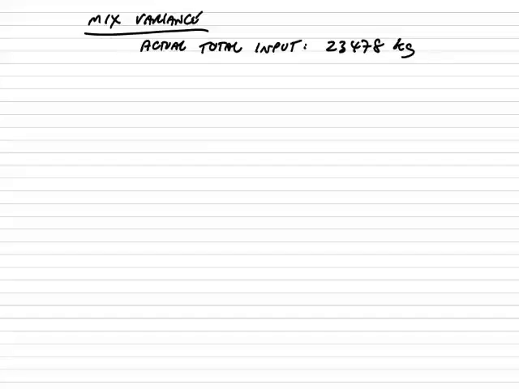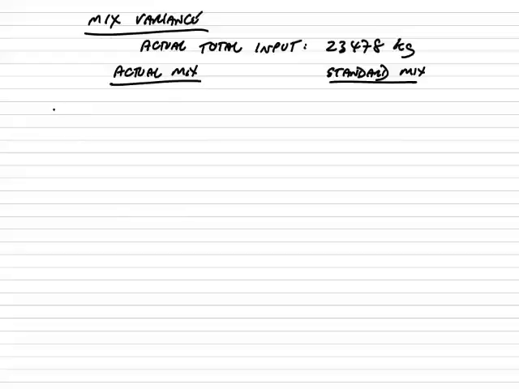We want to look at the mix, or we compare the way we actually mixed it with the way we should have mixed the input. And let's do it, but check carefully.